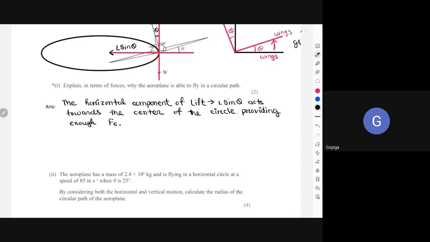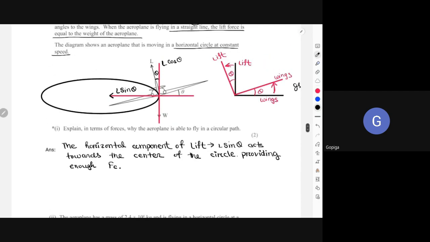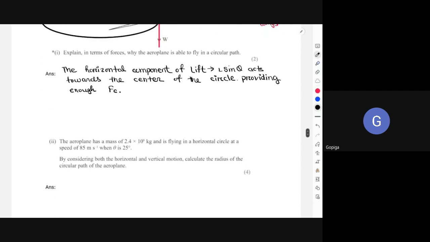I'll just write FC. They both mean the same thing, centripetal force. Okay, so we're done with part A1. Let's move on to the next one.